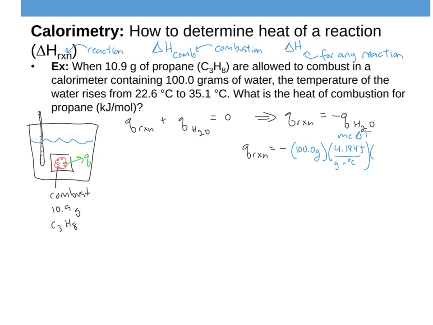And then the temperature change, the final was 35.1. It said it went to that, and it started off as 22.6 degrees Celsius. And then we can just solve for that, right? So now our Q of the reaction is going to equal negative 5,230 joules, right?